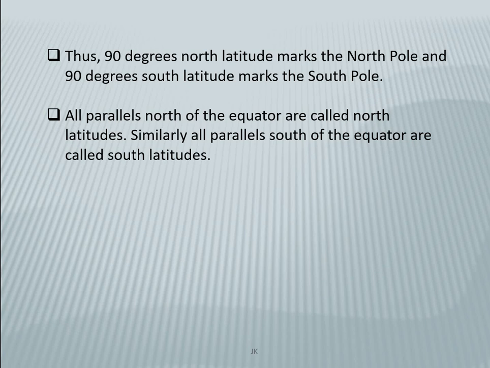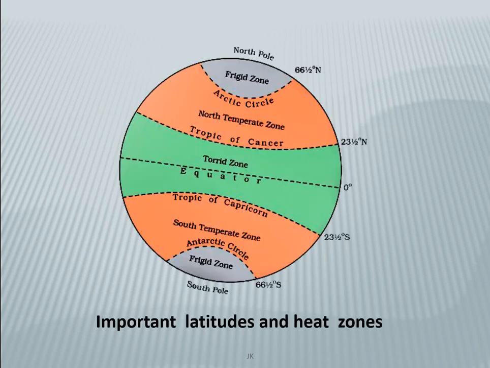So next, I already told you about the north latitudes and south latitudes. Now let's see what are important latitudes and heat zones. I already introduced you to the term equator. There is another important latitude at 23.5 degrees north of the equator, which is called the Tropic of Cancer, and there is another latitude at 23.5 degrees south of the equator, which is called the Tropic of Capricorn.